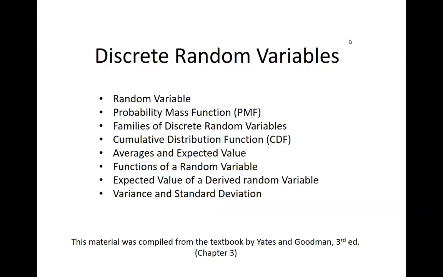And then we'll look at CDF, how to construct CDF, followed by average and expected value. Next, we'll look at random variable derived from another one, and finally expected value of derived random variables, variance and standard deviation.